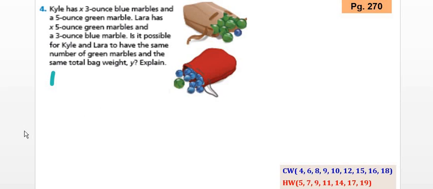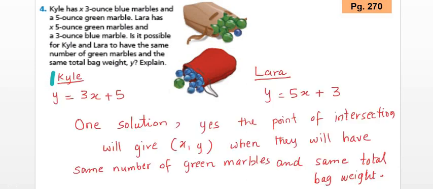So better pause the video here, solve it on your own, and then play the video to check your answer. So here's the answer for question number 4. How will you make the equations for Kyle and Lara? Because he has 3x blue marbles, and with that he has 5 green marbles, and Lara has 5x green marbles, and then she has 3 blue marbles. Okay, so these are the two equations.